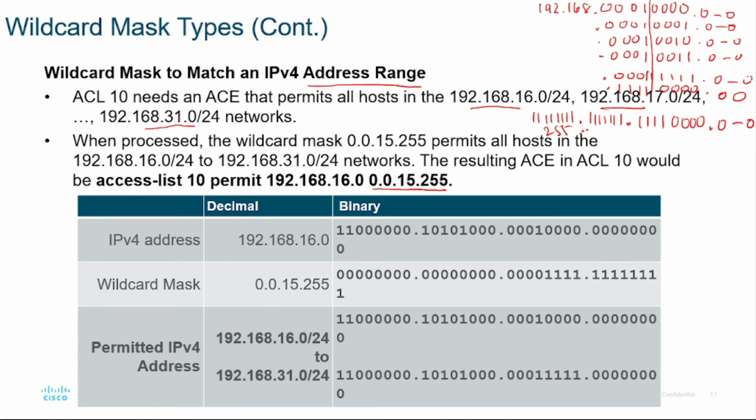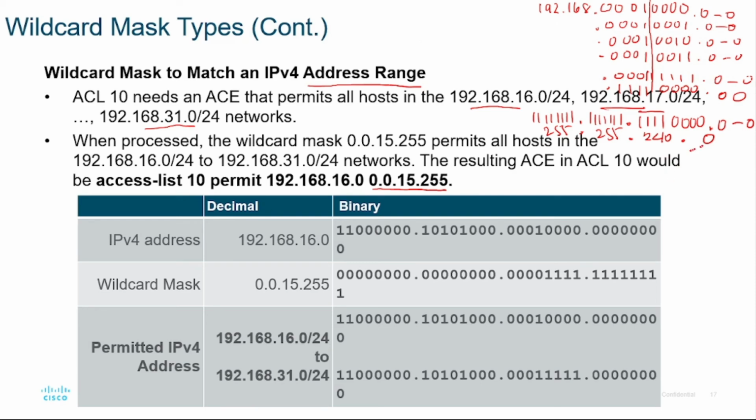So therefore, this is equivalent to 255, the subnet mask now of that IP, 255.255, dot, converting this into decimal, this is 240, dot 0.